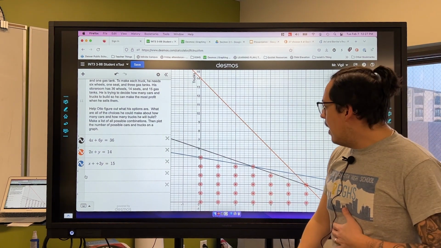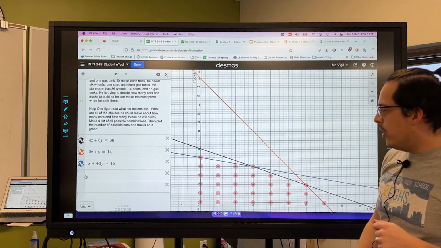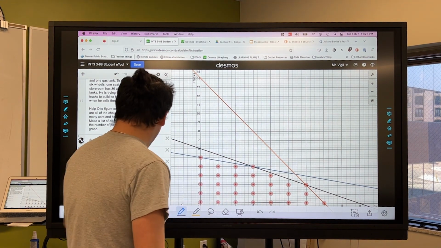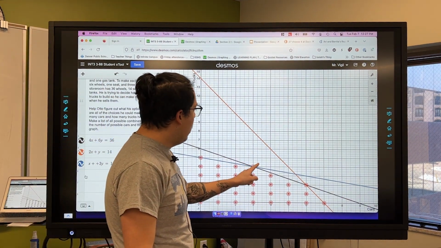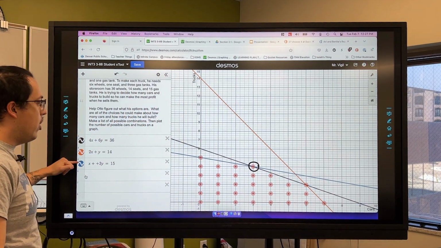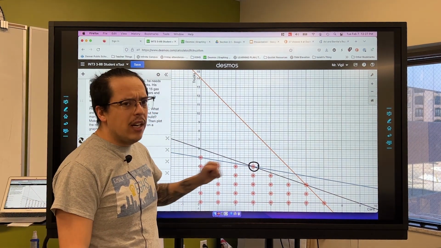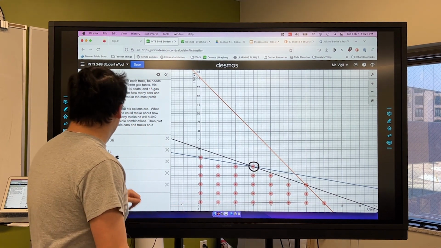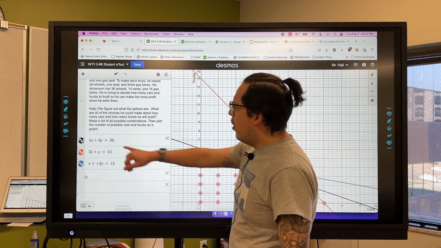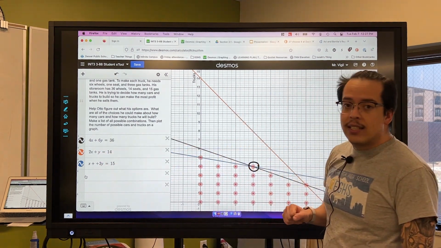Well, I see that we have some intersections on our graph here. Our line for our wheels and our seats intersects here at the point 3, 4. The line for our wheels and our gas tanks intersects at 3, 4.